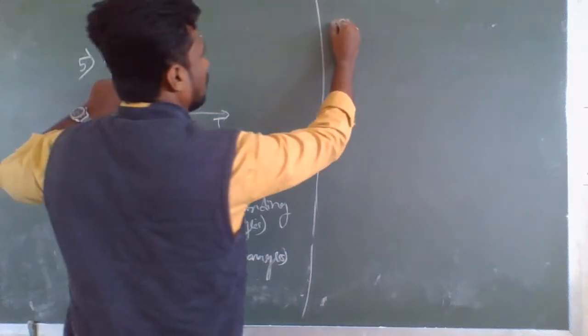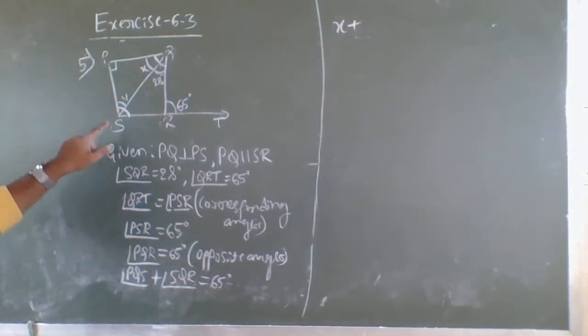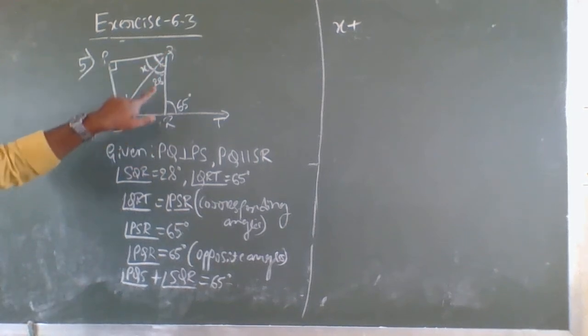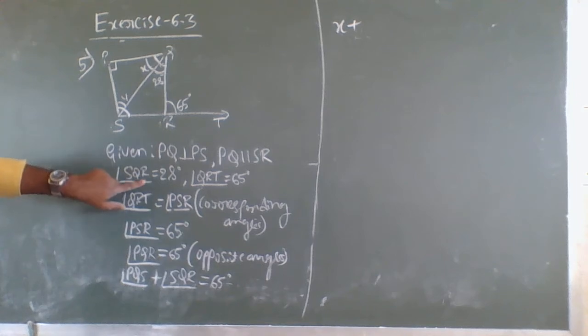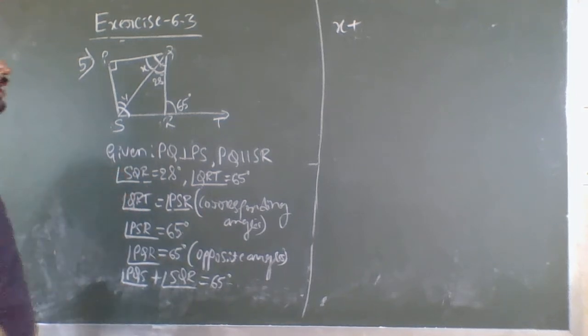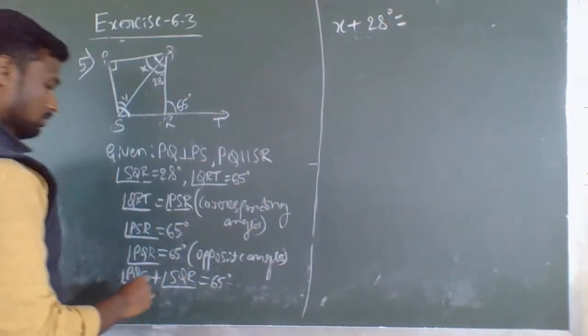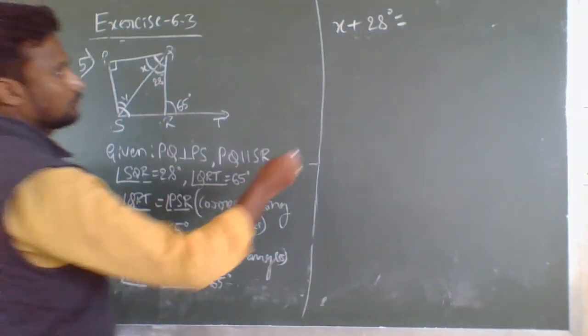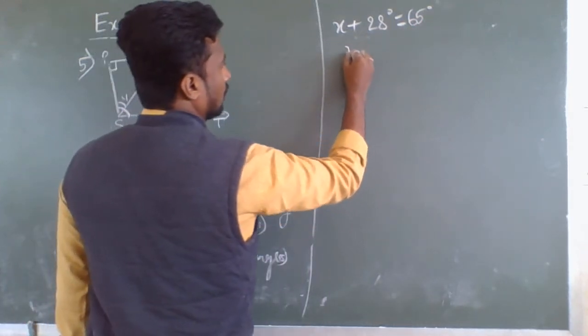Here I will write x plus angle SQR. SQR means here they have given 28 degrees. Angle SQR is equal to 28 degrees. So x plus 28 degrees is equal to 65 degrees. So here I can calculate the x value.